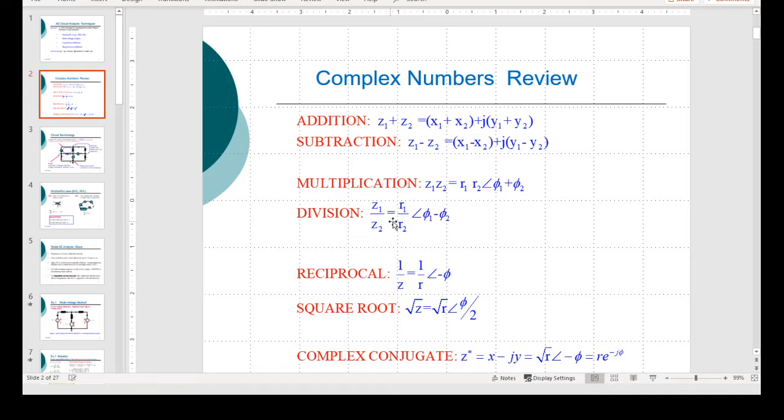If you are going to apply Ohm's law to divide voltage with impedance, it's like dividing two complex numbers, how you do it. And also at the end here, if you are going to take the conjugate of a complex number. So this is just a revision, just to refresh it and make sure you understand.